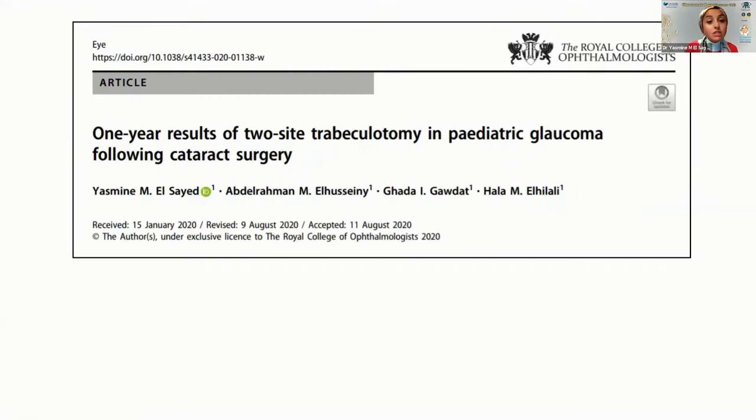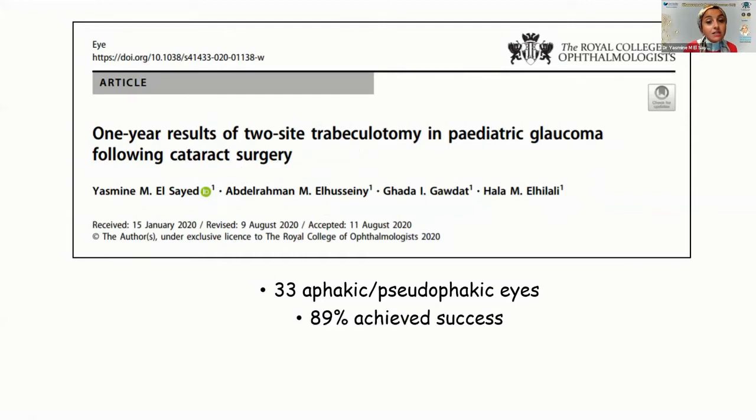Recently, we published a study from Abu Rish Hospital on the one-year results of circumferential trabeculotomy in glaucoma following cataract surgery on 33 eyes with aphakic and pseudophakic glaucoma. The success rate was amazing at 90%. Only 10% required another intervention within 1 year, and 50% were off medications at 1 year.